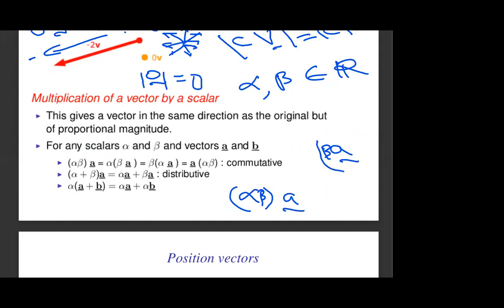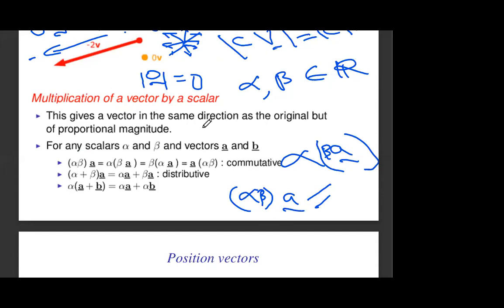Beta a is a vector, so I multiply this vector by alpha. Then you get another vector. This vector is the same as this one.